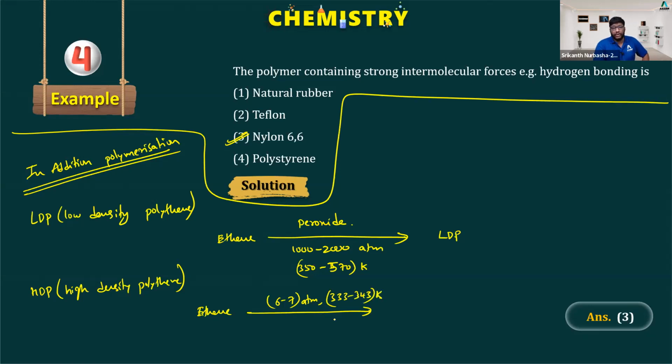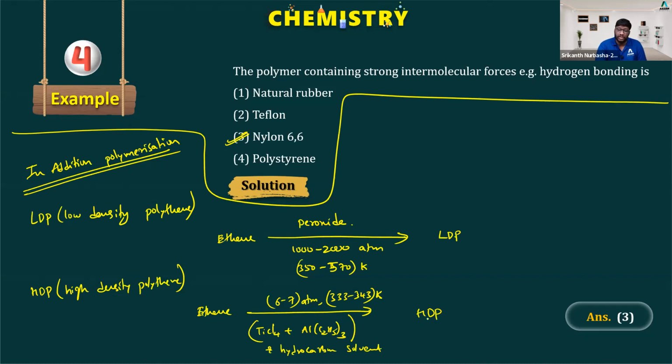And here you are going to have a catalyst like Ziegler-Natta catalyst. Anyone know Ziegler-Natta catalyst? Titanium tetrachloride plus triethyl aluminum. So this is nothing but your Ziegler-Natta catalyst. In its presence, ethene under this set of conditions and hydrocarbon solvent will form HDP, high density polythene.